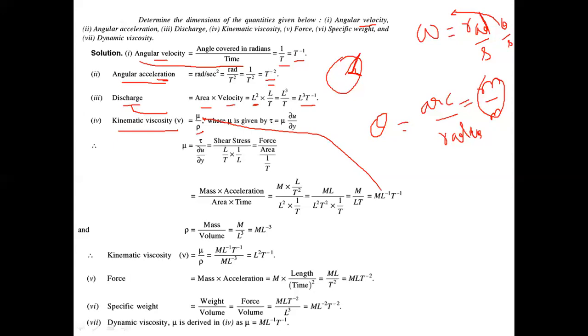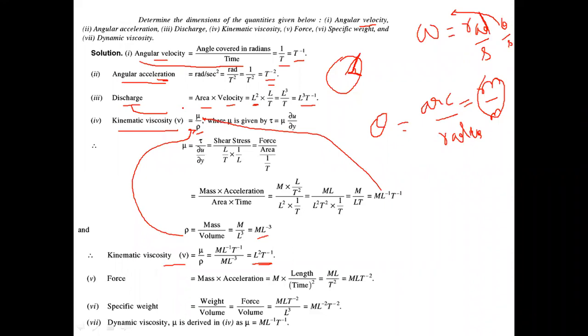It is kg per meter cube, where kg is mass and meter cube is L cube, so density is M by L cube. These are the fundamental units of density, which we put here. So if you solve mu by rho, this will be the fundamental dimension of kinematic viscosity. Kinematic viscosity is a derived dimension, but we can convert it into fundamental dimensions. I hope it is clear to you. It is a little tricky, but very simple to do. You just need to know the basic formula of all of these quantities.